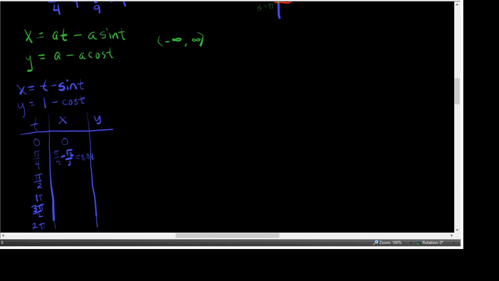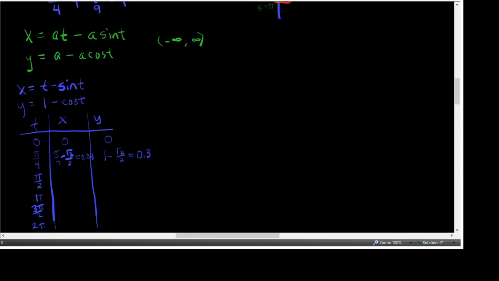Okay, so for y, cosine of 0 is 1. 1 minus 1 is 0. For y, when t is pi over 4, cosine of pi over 4 is square root of 2 over 2. That's 1 minus square root of 2 over 2, which is a decimal that's about 0.3.